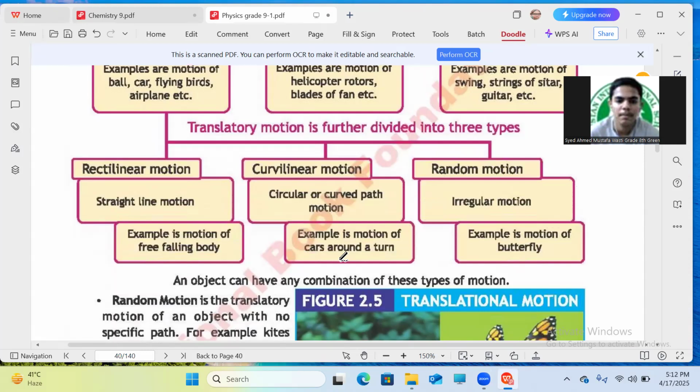Good. Then, examples of rectilinear motion. Ma'am, can you please repeat your question? Which examples can you add to rectilinear motion, except from your textbook? Because we have to learn at least 3 to 4 examples for each definition.